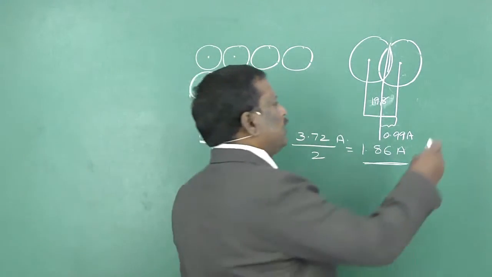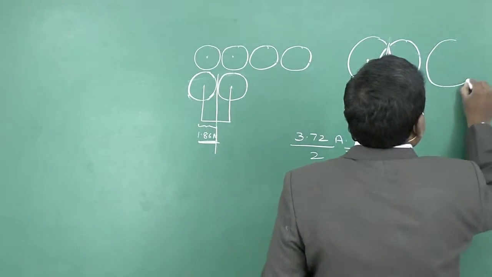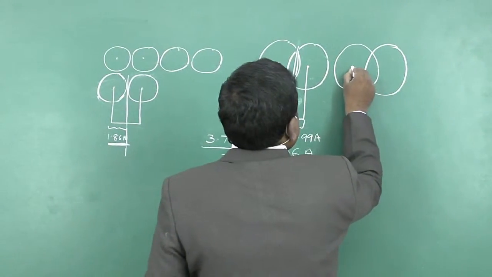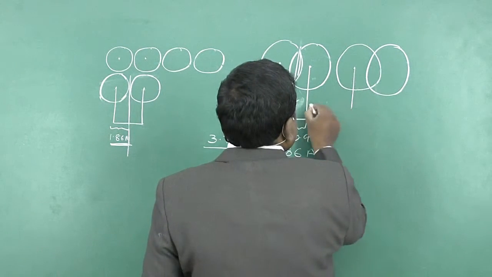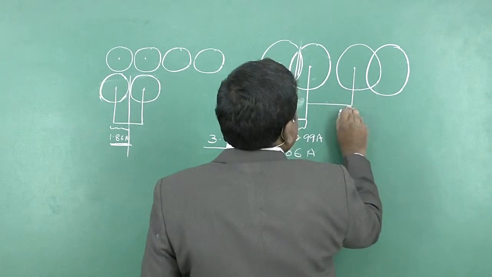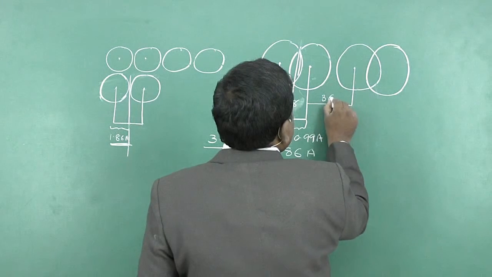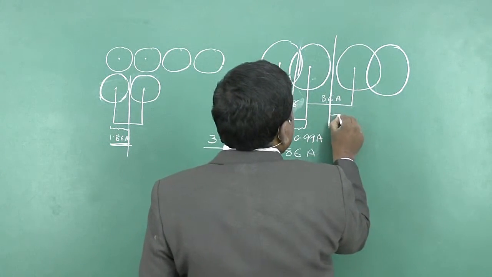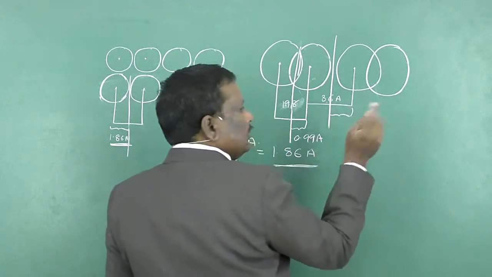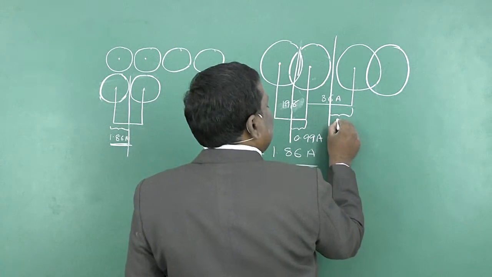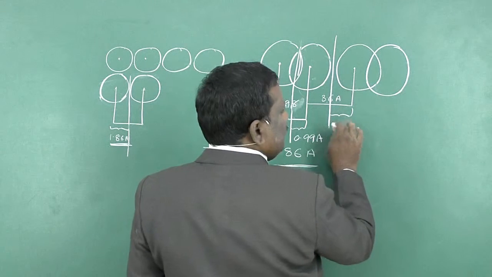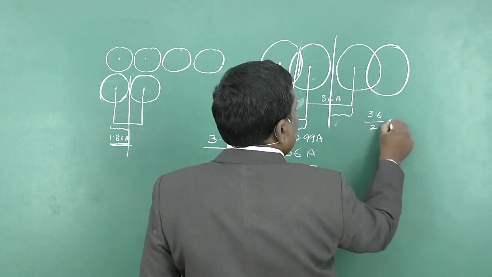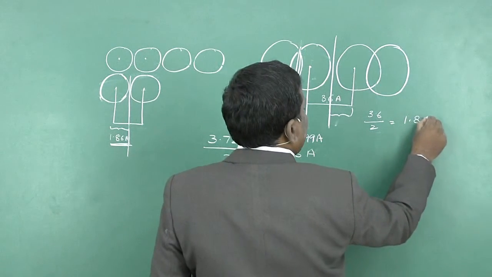So when two molecules are in van der Waals attraction, the internuclear distance between the two molecules is 3.6 angstroms, and half of this distance is considered as its van der Waals radius. 3.6 by 2 is equal to 1.8 angstroms.